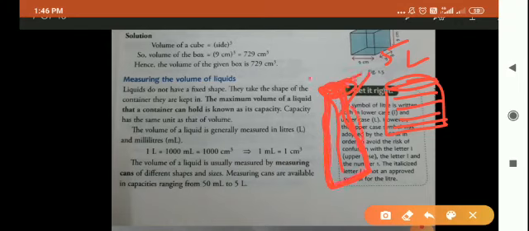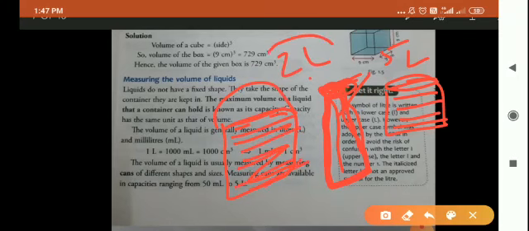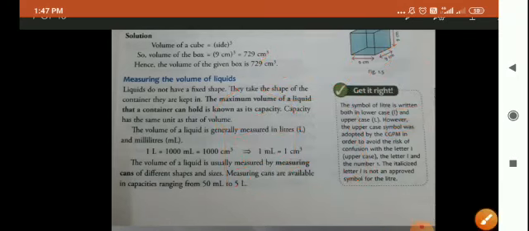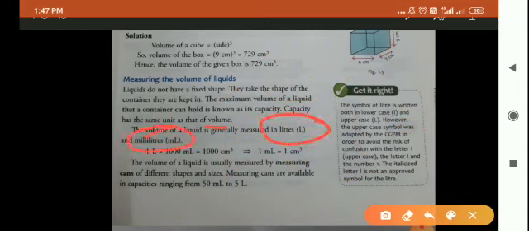Okay, similarly if I say that the capacity of this bucket is 2 liter, it means the maximum volume of water this bucket can hold is 2 liter. Okay, and the capacity has also the same unit as volume. The volume of the liquid is generally measured in liters and milliliters.